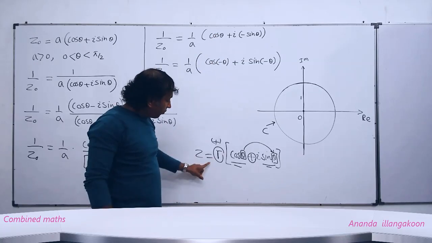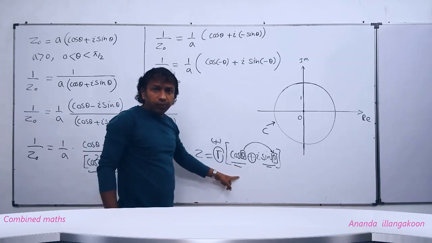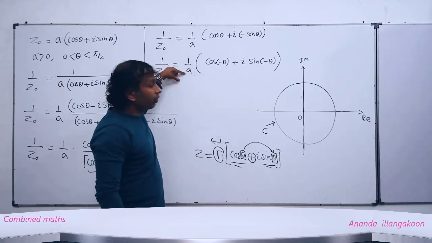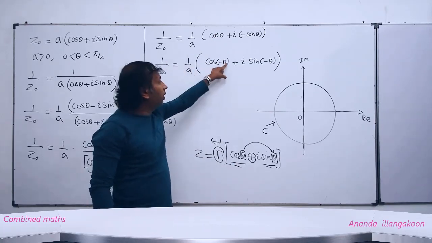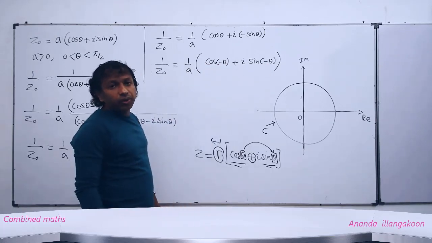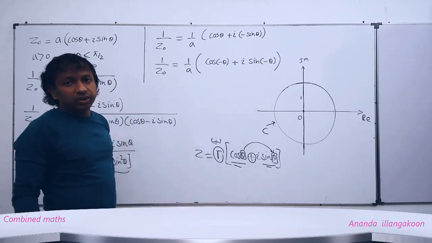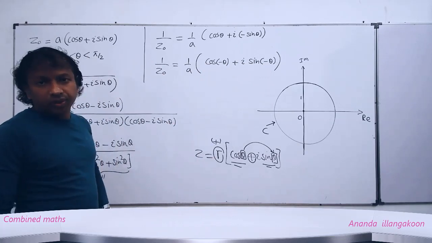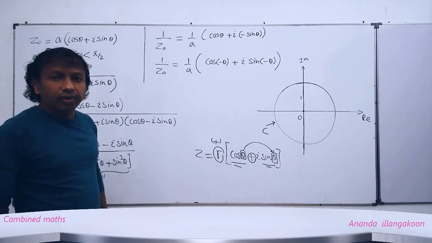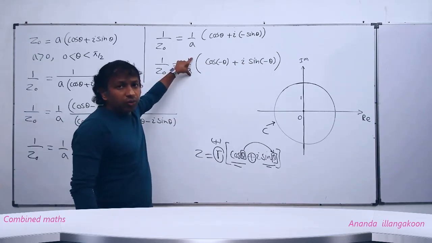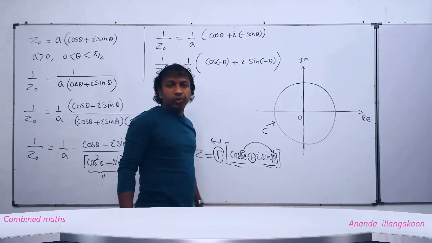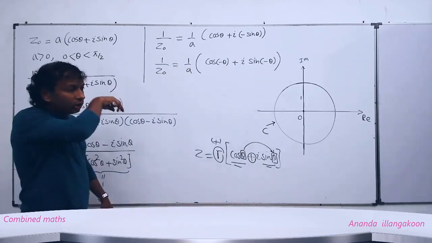Then, as I told you, all the requirements are available here. This is positive because a is positive, given. The same angle we have here, and between these two terms we have a plus sign. Now 1 upon z naught, the complex number, we have really represented in polar form. So now we can determine: this figure is the modulus of the left hand side, and this angle is the argument.